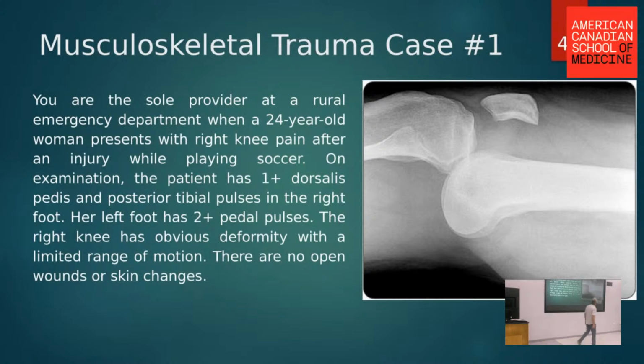Just by way of anatomy, what bone is this? Tibia. Femur, patella, tib fib. Should it look like this? No, it should not look like this. So do you think this is a fracture or a dislocation? Dislocation. So a knee dislocation.